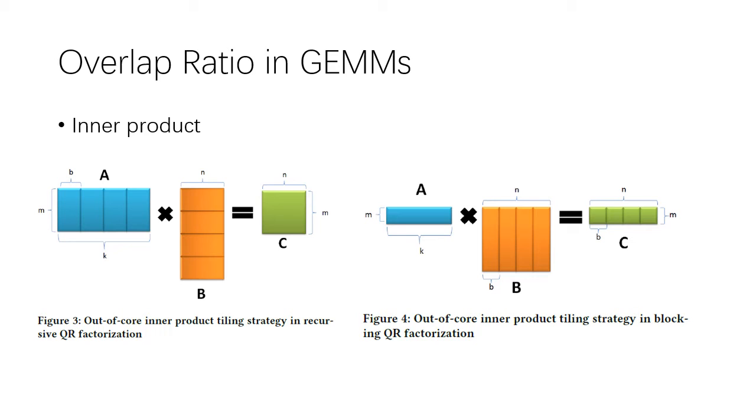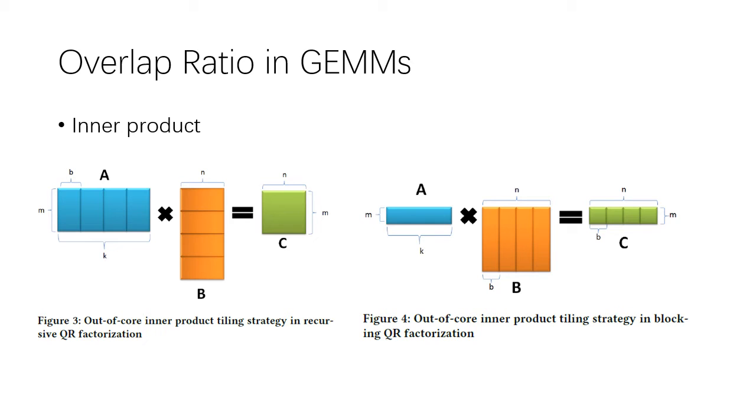To make the problem simpler, we will analyze the out-of-core GEMMs at first. We have two types of GEMM. The first one is updating the R matrix, termed as inner product. The second one is updating the rest of the matrix, termed as outer product. The blocking scheme is slightly different between the recursion and blocking algorithms to ensure most of the data can be reused.